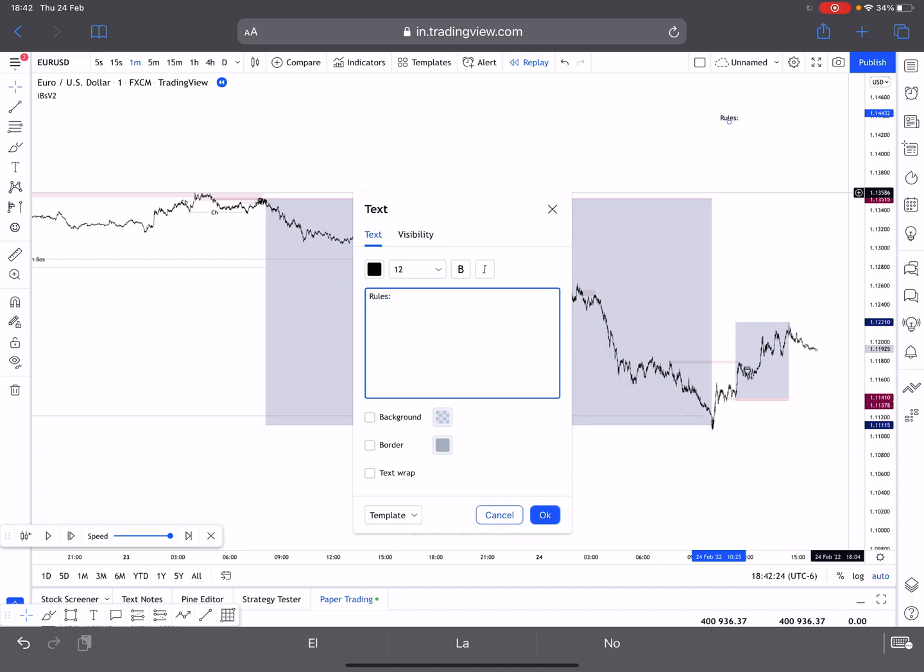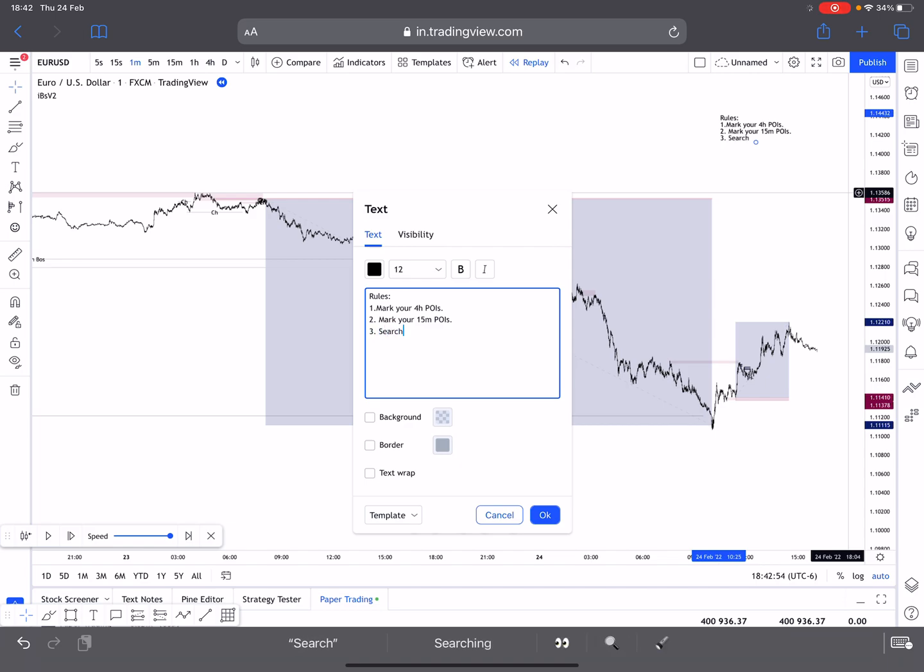Since we are day trading, one, mark your 4 hour POIs, right? Two, mark your 15-minute POIs. And as I said, it's an extra confluence.